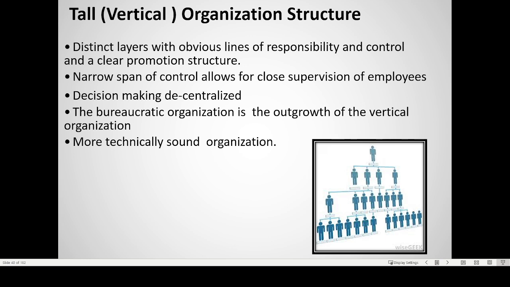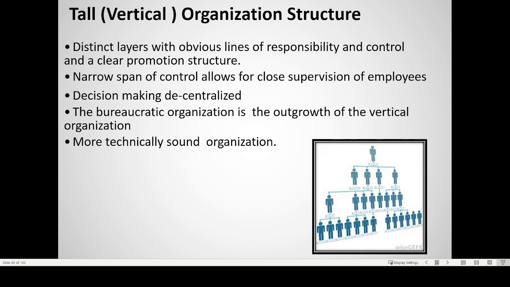As you can see in this organizational chart, we have multiple layers. We have the CEO, and under him four managers, and under them another line of managers. Each has his specialty or his category of decision making.